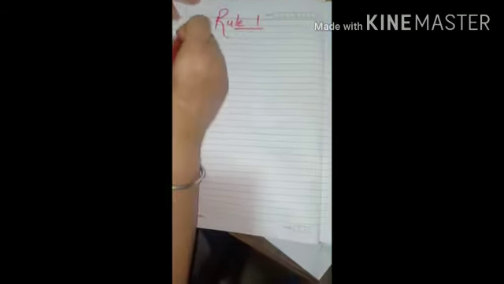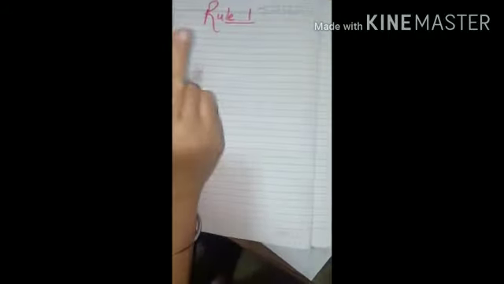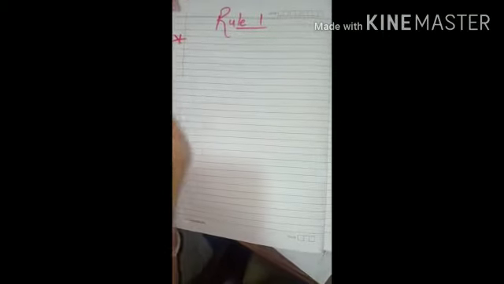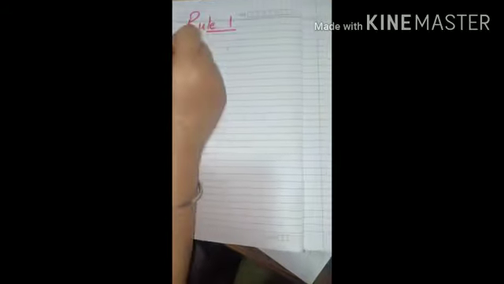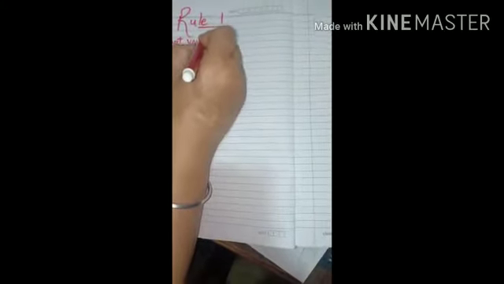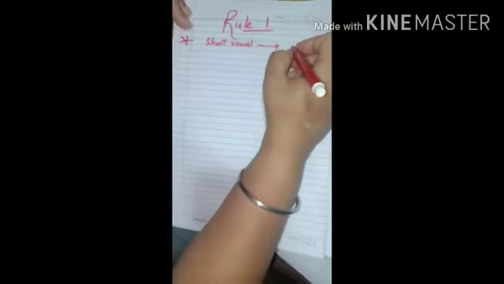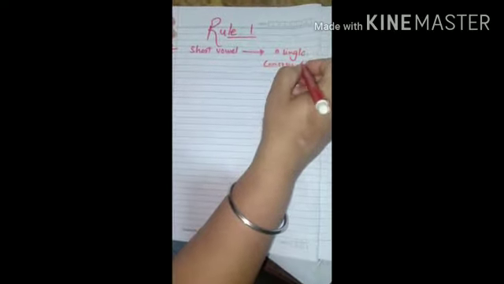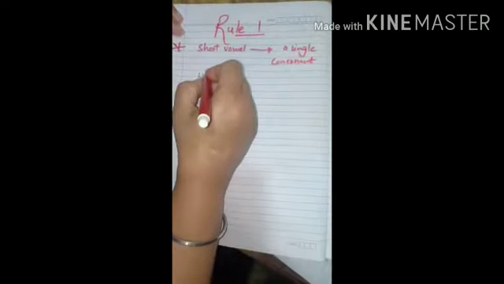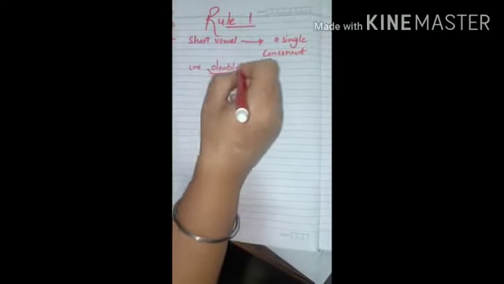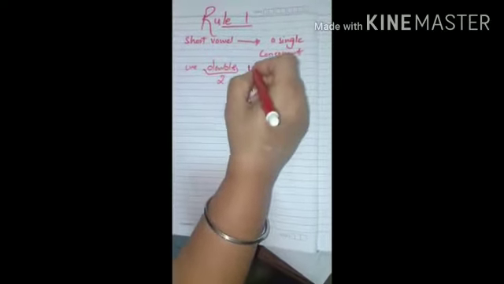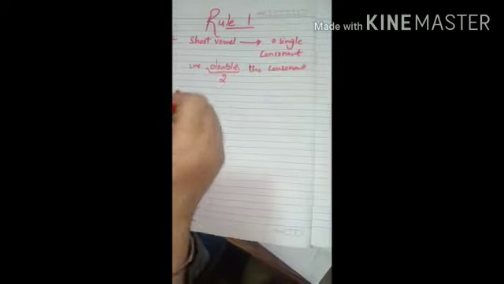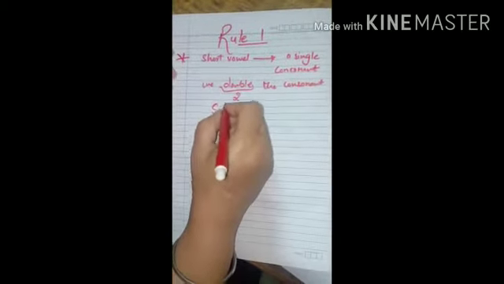When we talk about rule 1, you need to keep in mind that whenever a word ends with a short vowel followed by a single consonant, we double the consonant. Double means twice, two times.